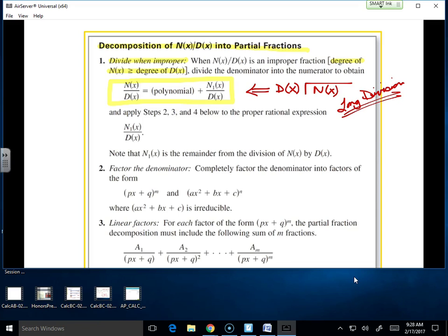We always have to check and make sure whatever we're given doesn't need long division. If we have to do long division, then we have just broken down our original function into pieces. However, we're going to have to look at the remainder and make sure it can't be broken down any further. So then we take the remainder and then we go to step 2.